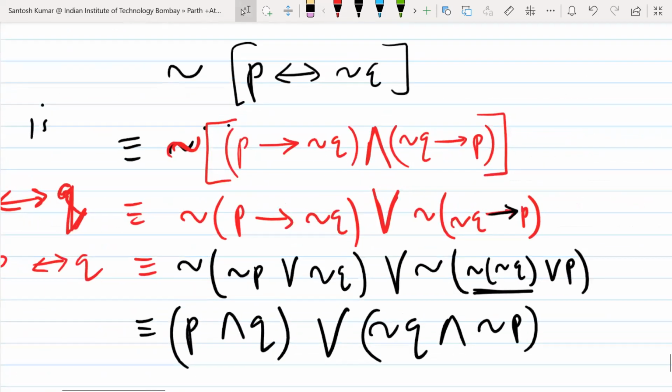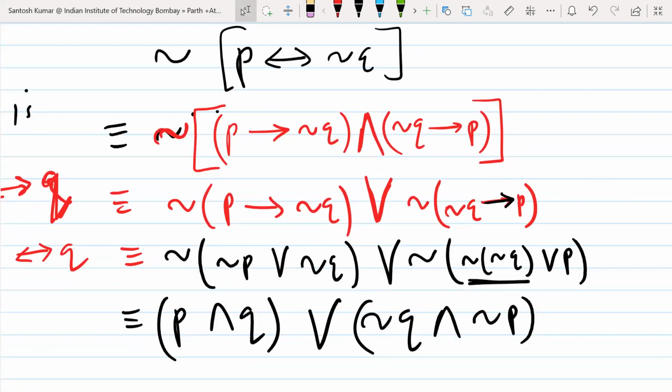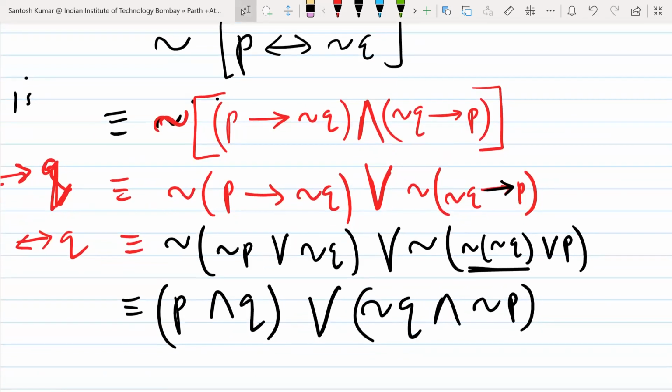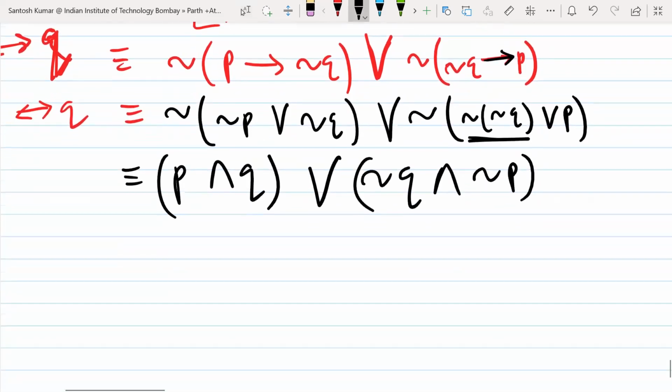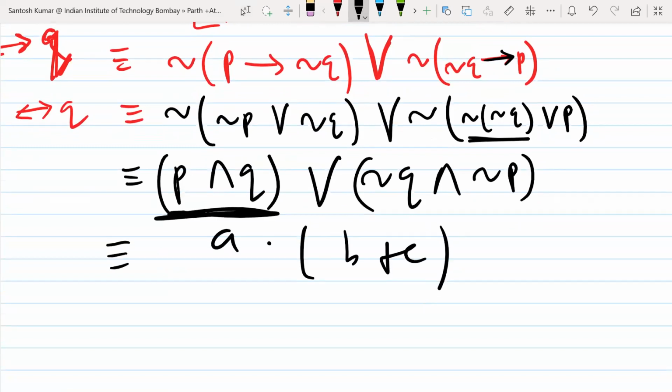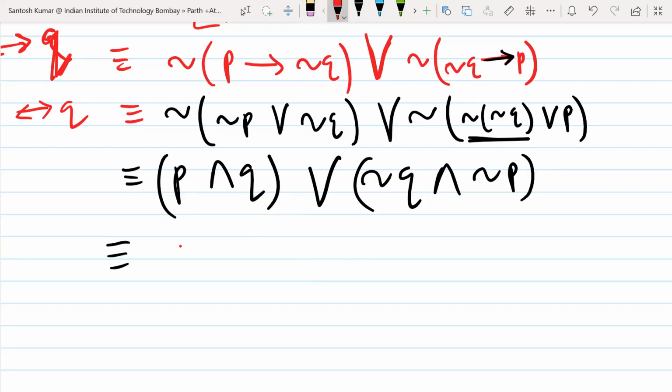So let me continue this. Till here it is fine. Now apply the distributive law, like A into B plus C type. Apply this distributive law and see what happens. So what will happen? P and Q or not Q.